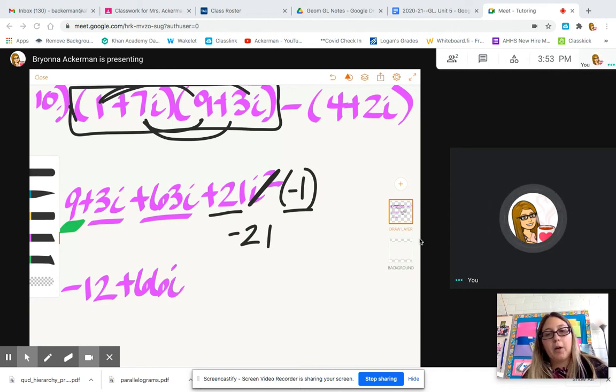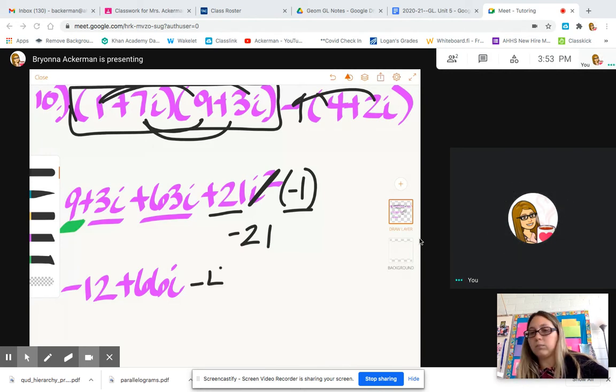But up top, we also had a subtraction going on. And so again, with subtraction, you need to remember that there's a negative 1 here. And so I have to distribute that negative 1 into both of these. So that's saying now negative 1 times 4, so that's a negative 4. And negative 1 times 2i is going to be a negative 2i.